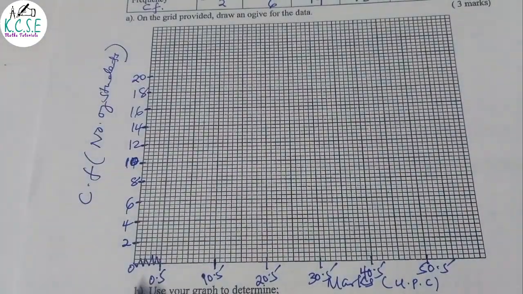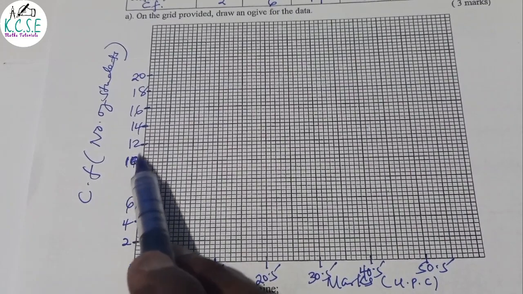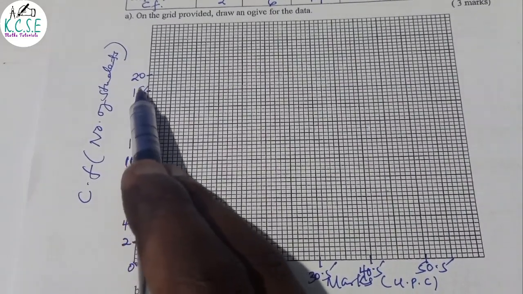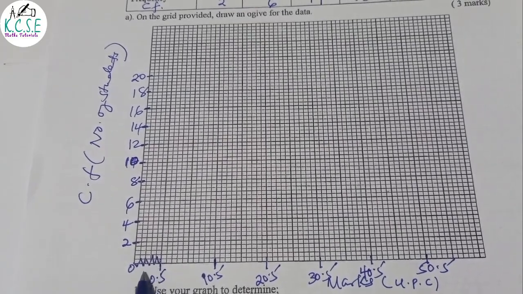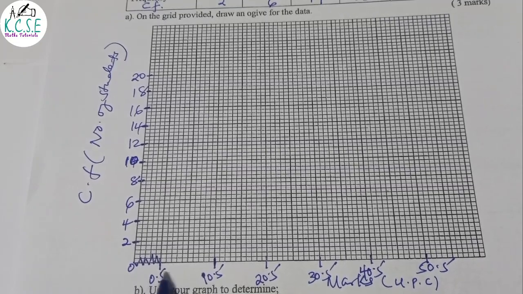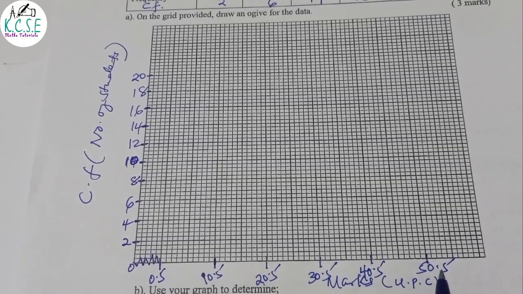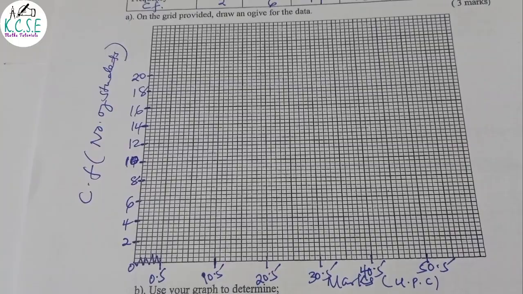So that is the scale for the y-axis: 2, 4, 6, 8, 10, 12, 14, 16, 18, and 20, with 1 centimeter representing 2. I've broken the scale here, since you can see from 0 to 0.5 it is not uniform, while from 0.5 all the way the scale is uniform. That is why we break it.